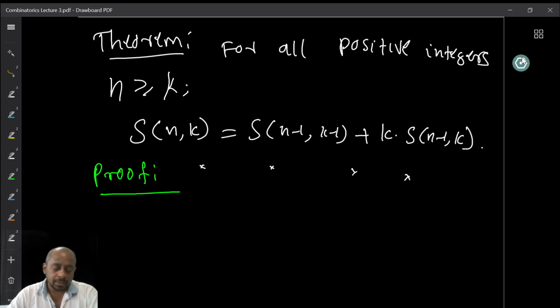Now, if you look at S of n minus 1, k minus 1, that is saying that we have to partition an n minus 1 element set into k minus 1 blocks. So somehow we need to find a way to partition S of n,k into two sets where one of them has cardinality S of n minus 1, k minus 1. Now, how do we do this?